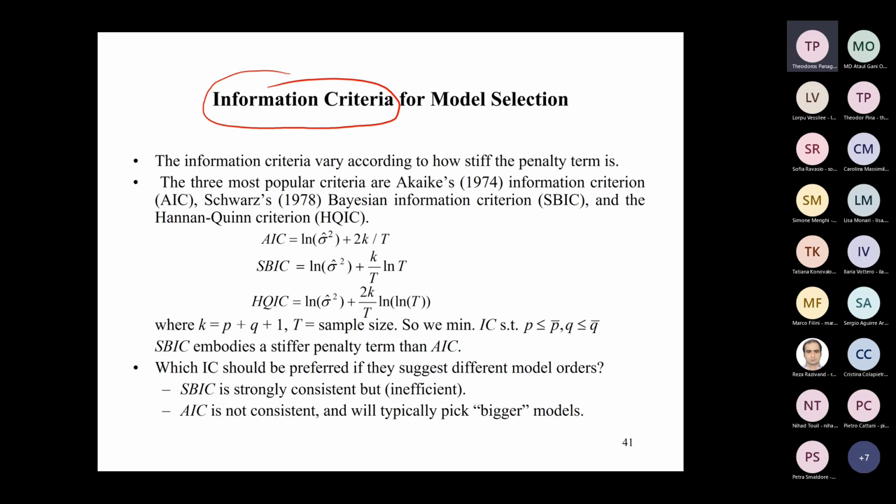Information criteria is a statistic that allows me to compare competing models. Which model is the best? The best model is the one that minimizes the information criteria.